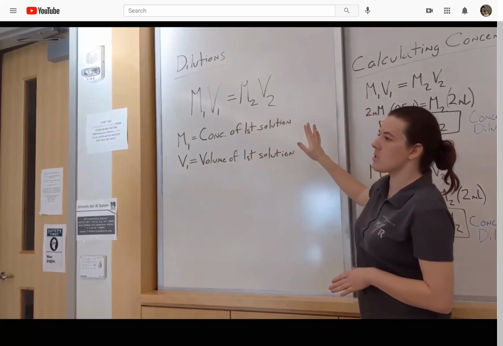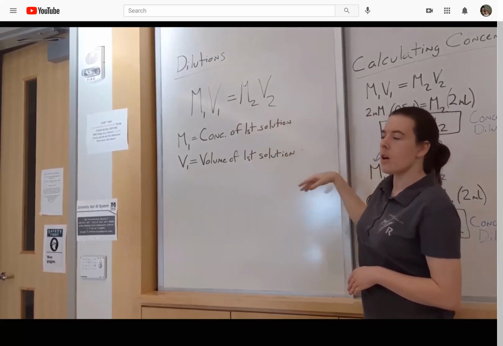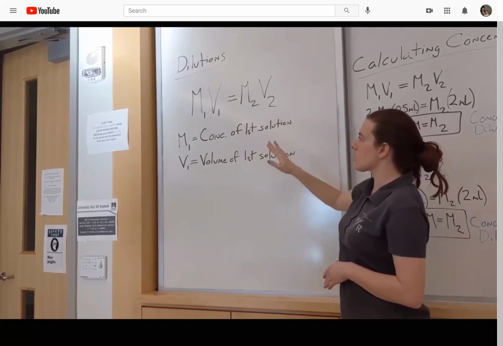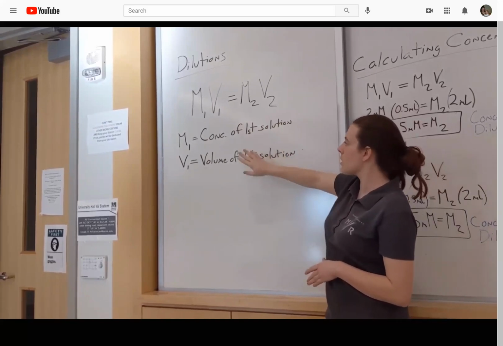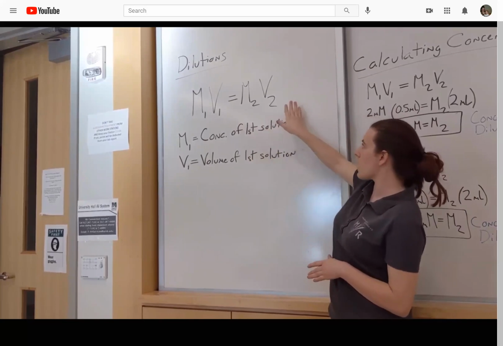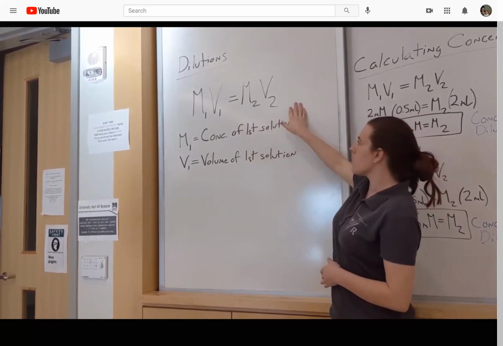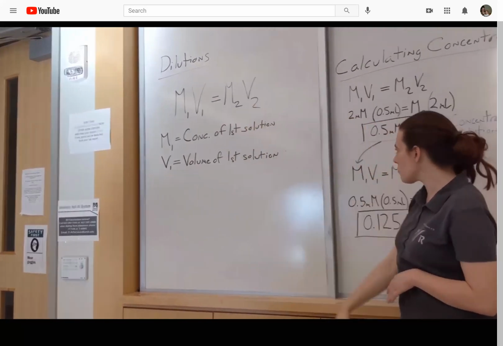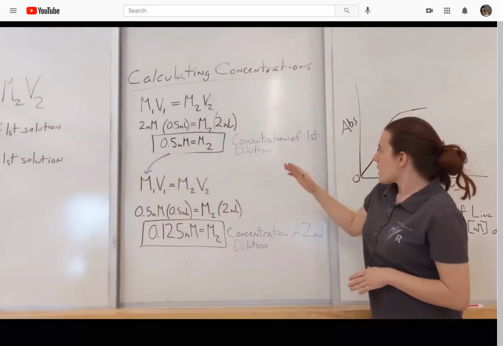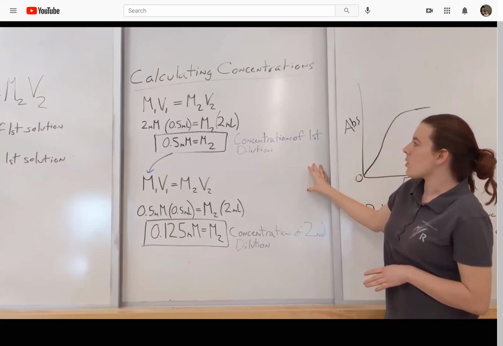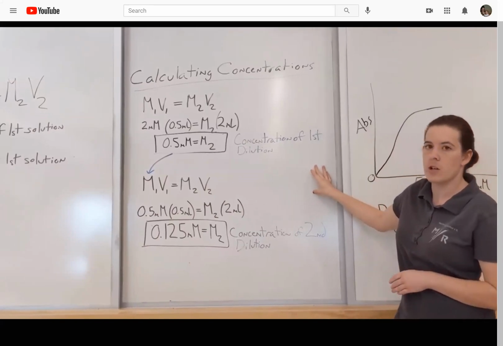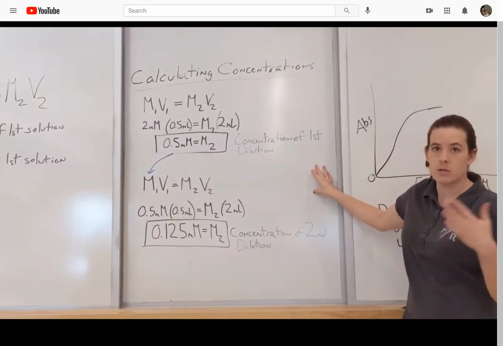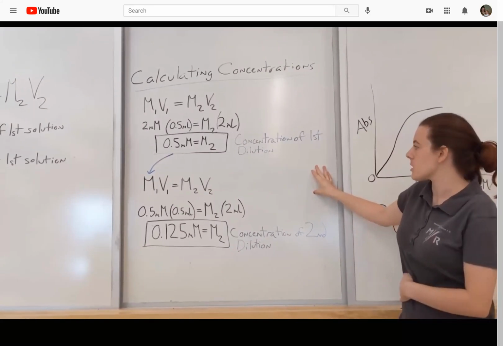This calculation is great for dilutions because you will know the starting concentration, M1, the starting volume, V1, and you will know your V2. You're just going to be looking for your M2 value. So, taking a look at this board, this is how you are going to calculate the concentrations of your dilutions that we did in the lab.